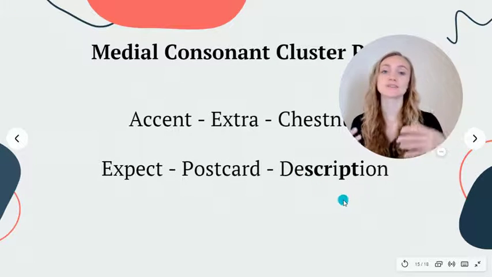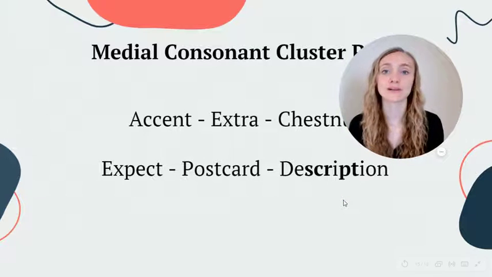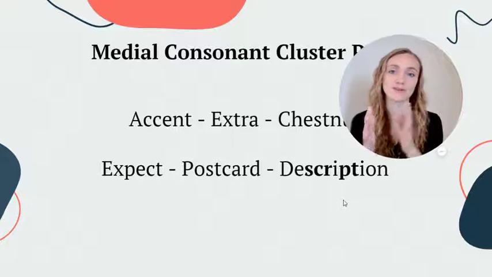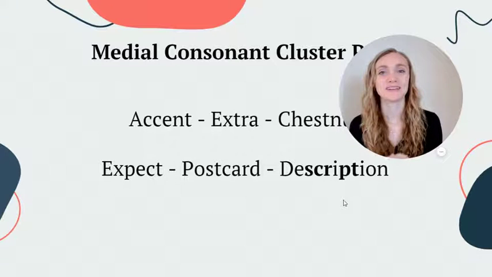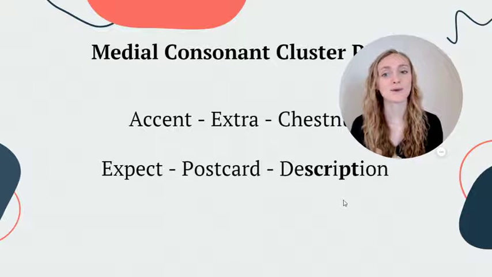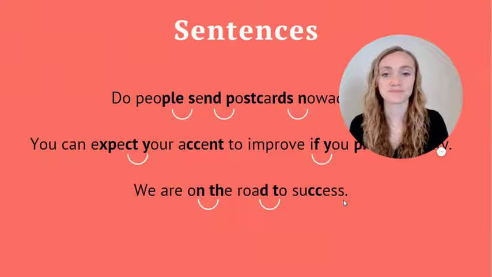So what we want to make sure is that we're not hearing any intervening or interjecting extra vowel sounds. Description. So it all flows together. Great work on those medial or middle consonant clusters.